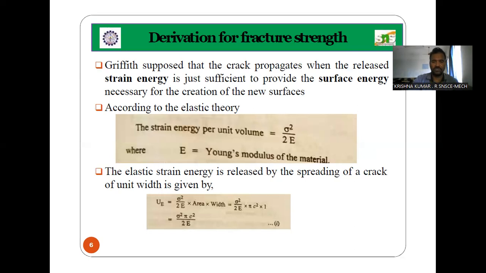UE is equal to sigma square by 2E into area into width, which is equal to sigma square by 2E into pi C square into 1, which is equal to sigma square pi C square by 2E.